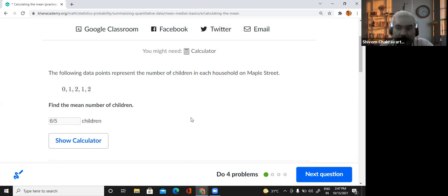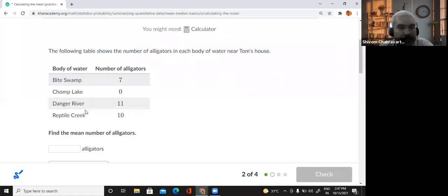The following table shows the number of alligators. Alligators are like crocodiles, magarmach. Alligators in each body of water near Tom's house. So these are lakes' names, small lakes' names. Bite Swamp is one lake, Chomp Lake, Danger River is probably a small river, Reptile Creek is again a small lake or river.